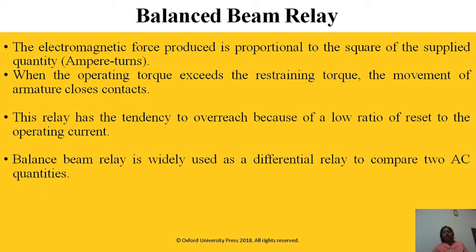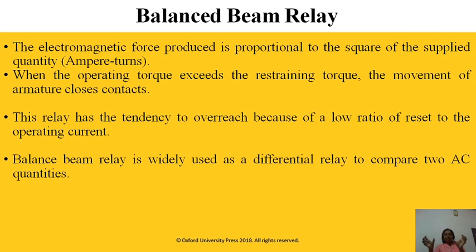When the operating torque exceeds the restraining torque, the movement of the armature closes the contact. This relay has a tendency to overreach because of the low ratio of reset to operating current. The balance beam relay is widely used in differential protection, because we have two quantities.